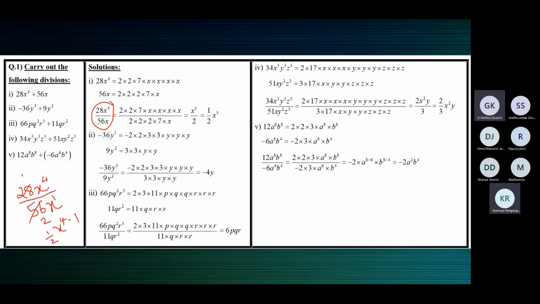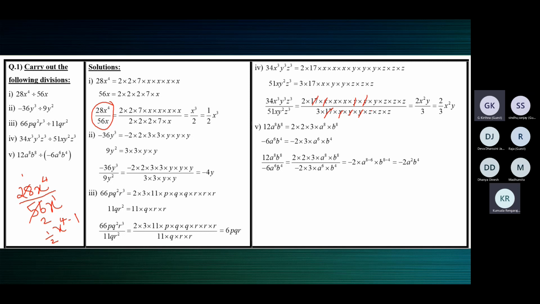So here we have to show that cancelling part, children. Like here, 17 and 17 cancel. 1x and 1x will get cancelled. 2y's and these 2y's get cancelled.